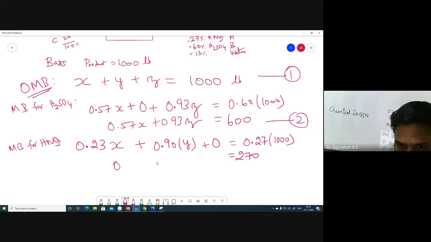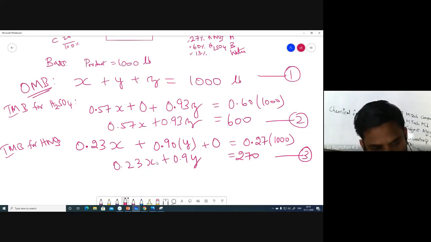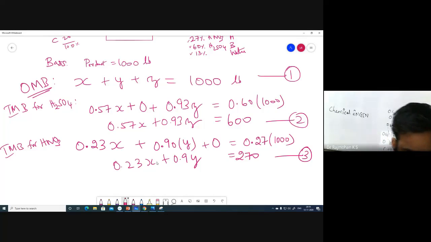So we have 0.23x plus 0.9y equal to 270, the individual material balance for nitric acid. So we have three equations. Solve these equations simultaneously, you will get the answer.